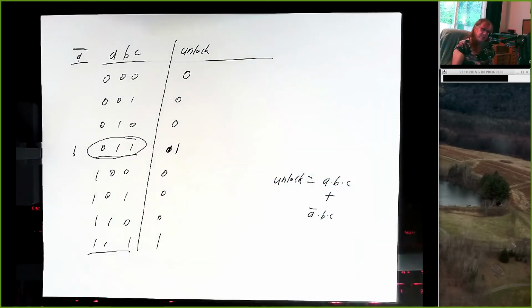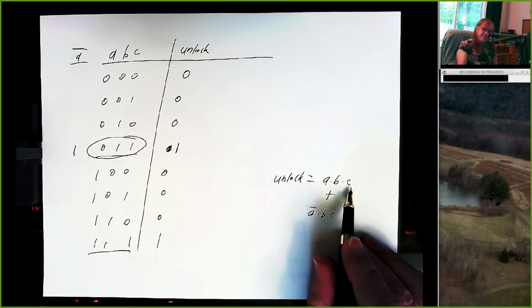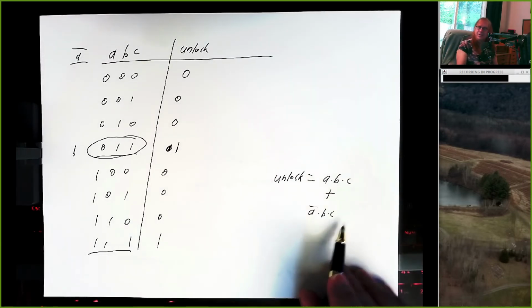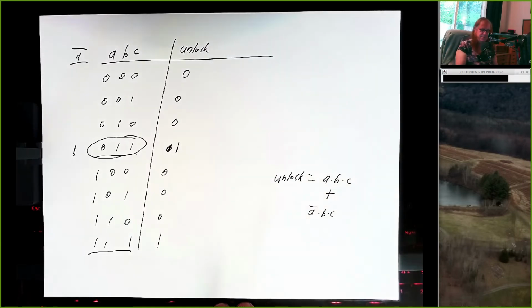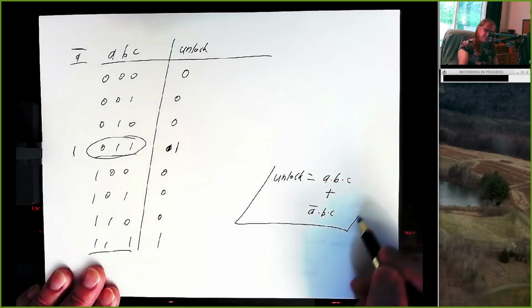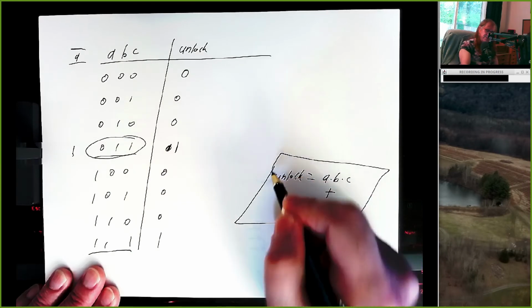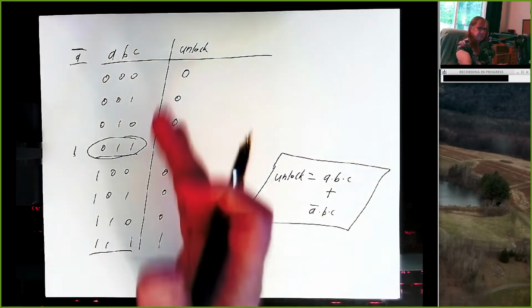And so if we OR these together, there's our equation. Our unlock signal should be asserted when A and B and C is true, or A bar and B and C is true. And so there's a slightly more complex equation corresponding to this truth table.